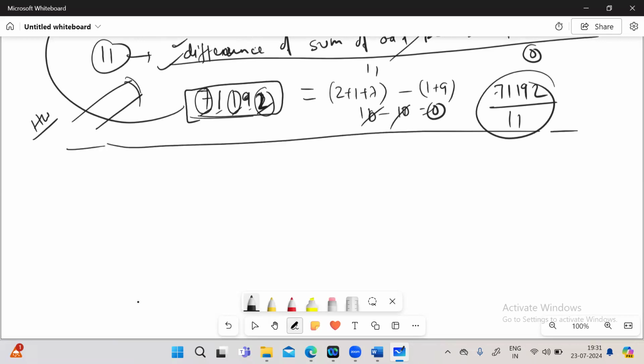Now, all these numbers for which I tried to find the divisibility rule were either prime numbers or powers of prime numbers like 2, 4, 8, 16, or 3, 9. So now I'll create a divisibility rule for composite numbers.